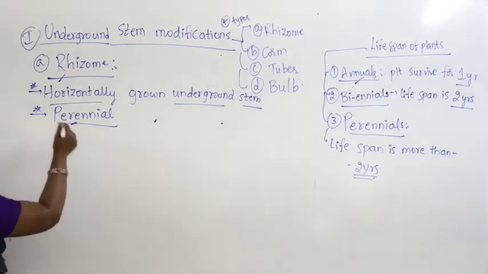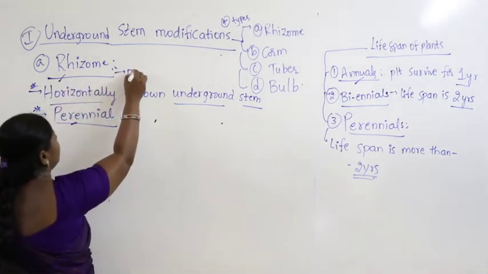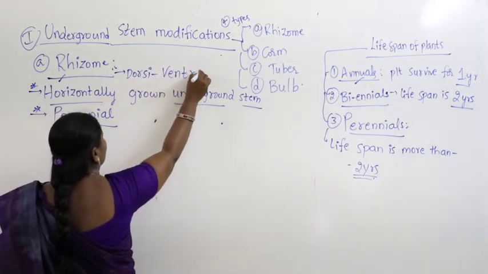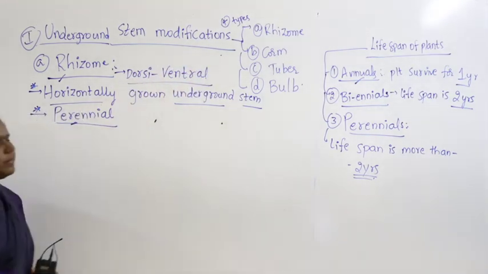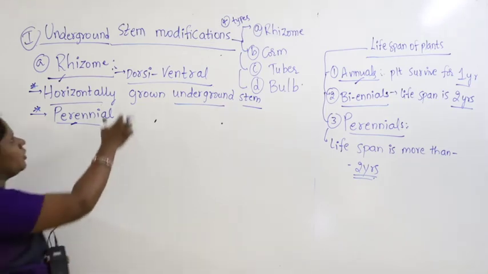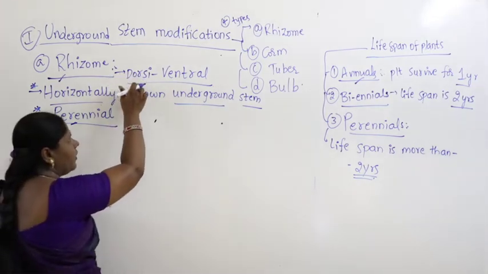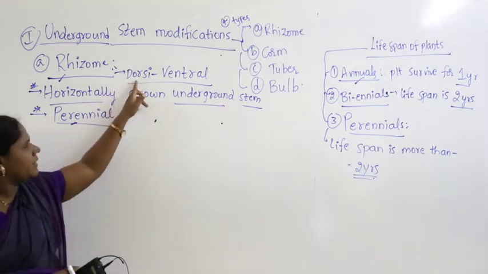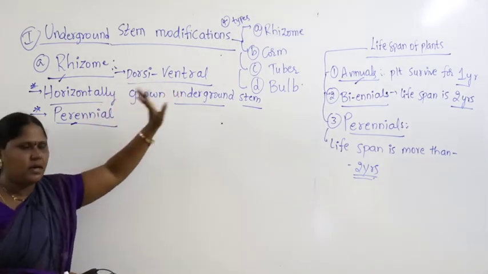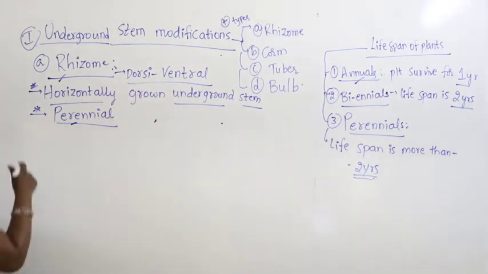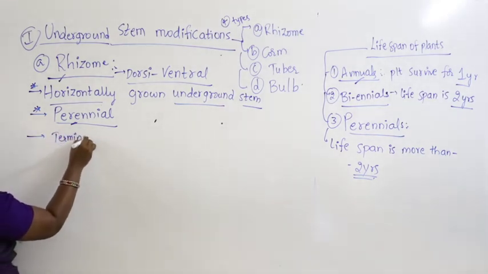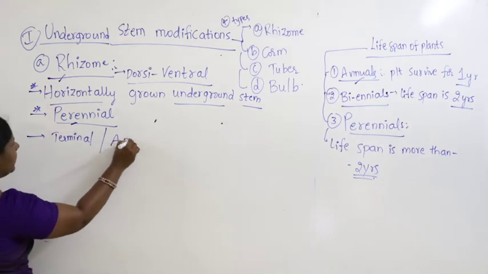Apart from this, the stem is dorsiventral. What exactly is the meaning of dorsiventral? The dorsal side is different from the ventral side. Apart from this, it contains a terminal bud, or we call it the apical bud.